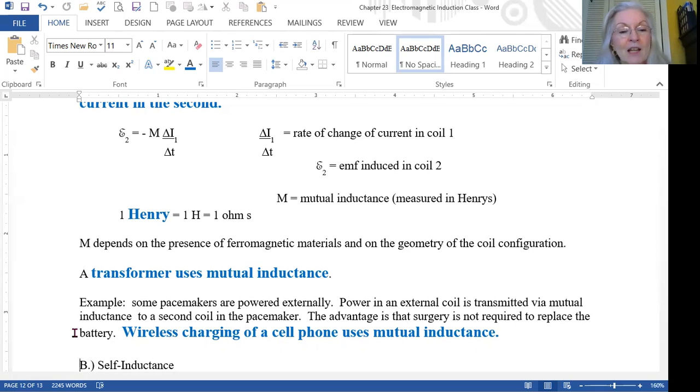The varying magnetic field in one will produce a current that'll produce a varying magnetic field in the other that will produce a current, and then you can charge your cell phone. It is not very efficient. This form of charging is not as efficient as plugging it in, but some people like it better. I'm sure they'll get more efficient as time goes along.